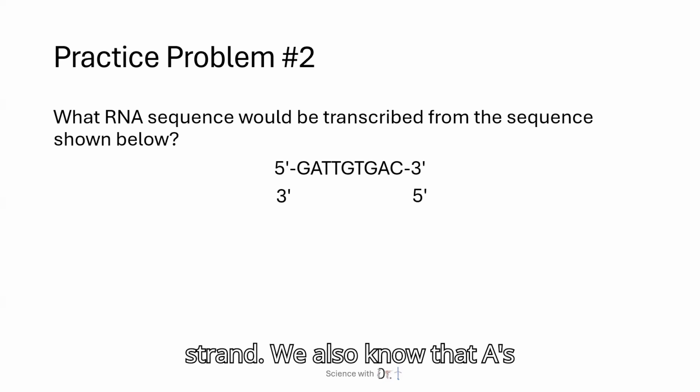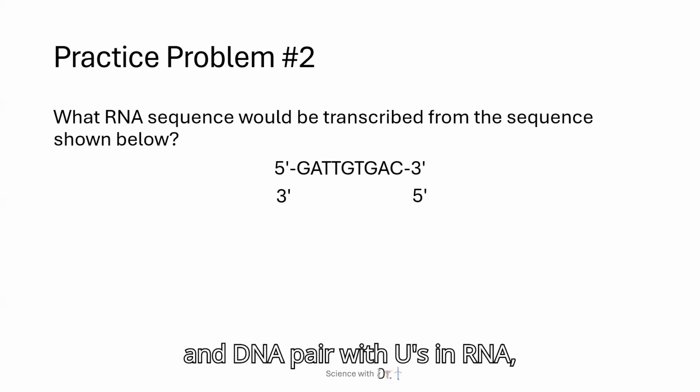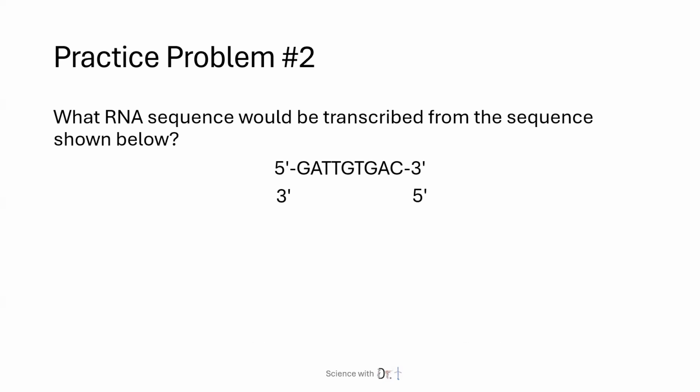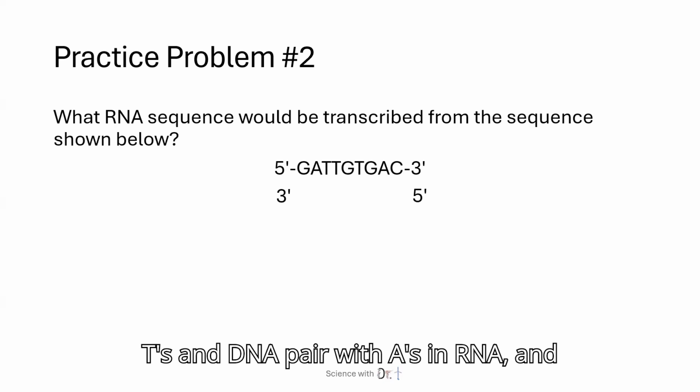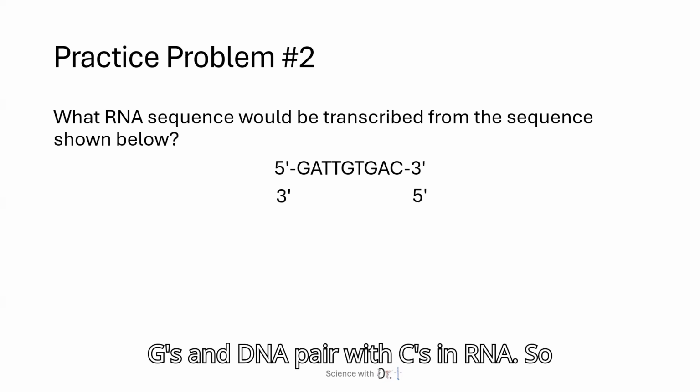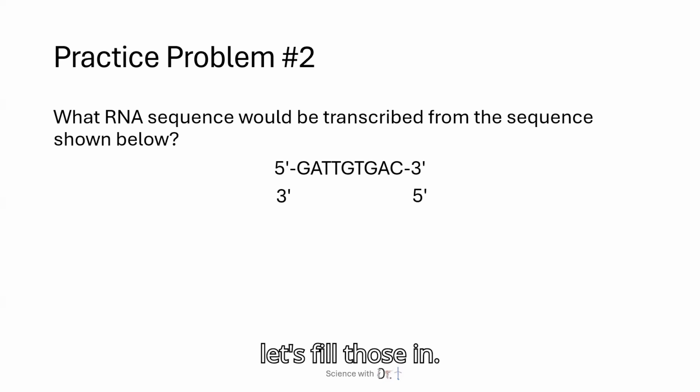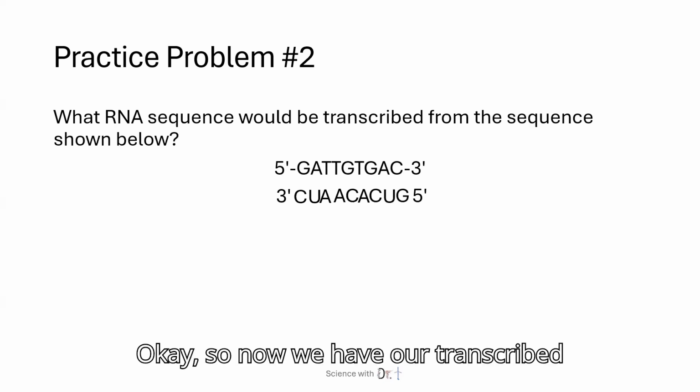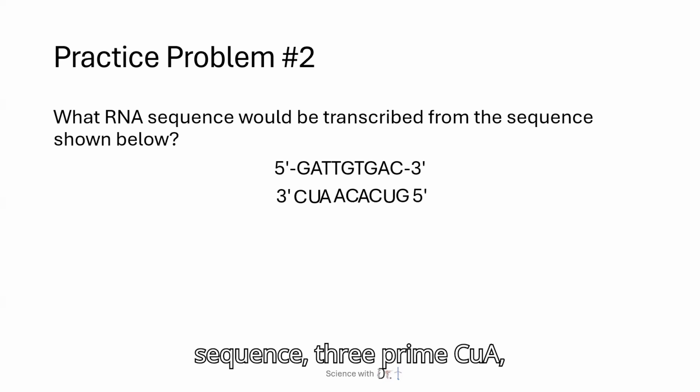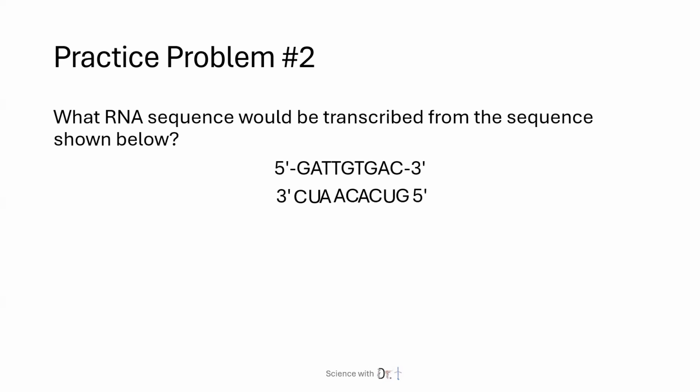We also know that A's in DNA pair with U's in RNA. T's in DNA pair with A's in RNA, and G's in DNA pair with C's in RNA. So let's fill those in. Okay, so now we have our transcribed sequence. 3' CUA, ACA, CUG, 5'.